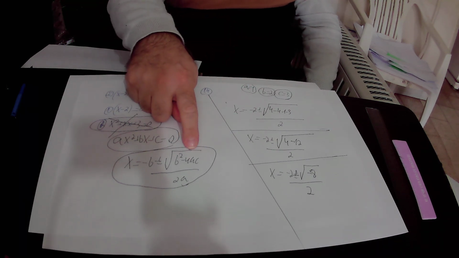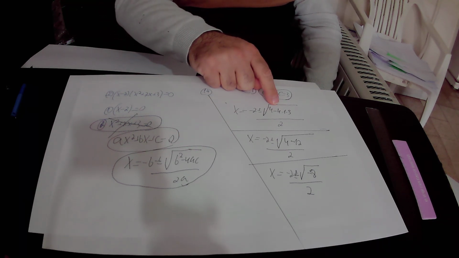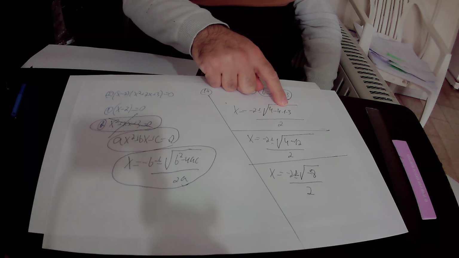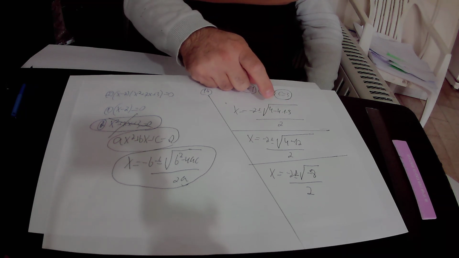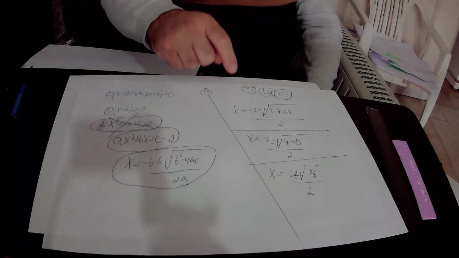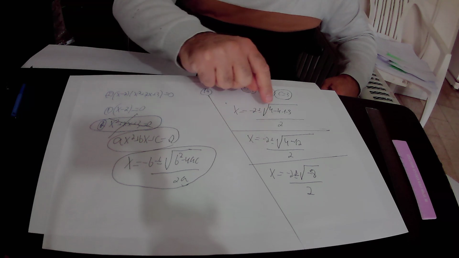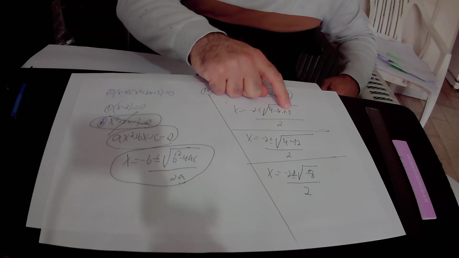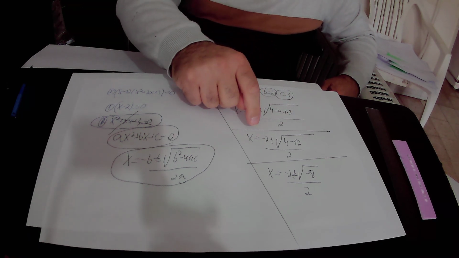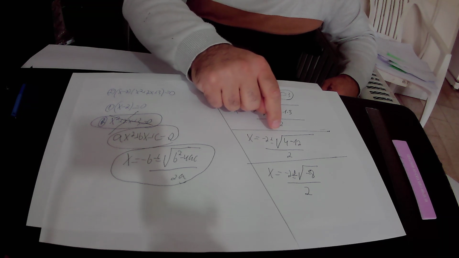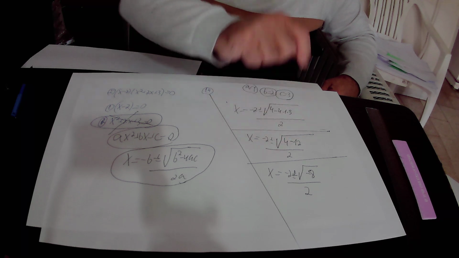Minus 4 times a times c, so it is minus 4 times a, which is 1, times c, which is 3, over 2. Here we found that x equals minus 2 plus minus the square root of 4 minus 4 times 1 times 3, which is 12, over 2.